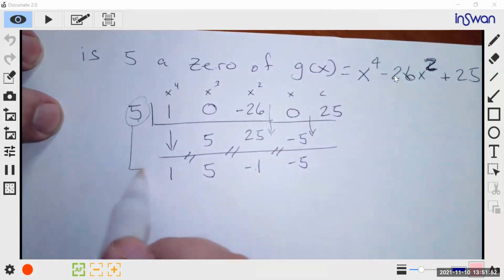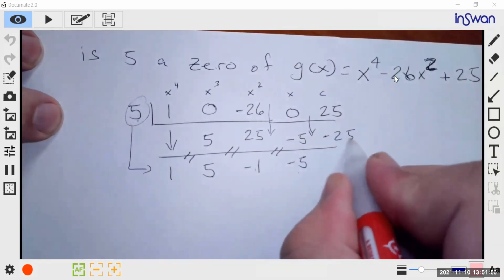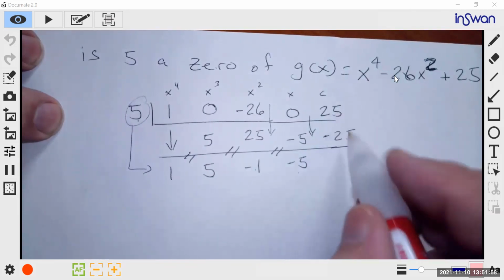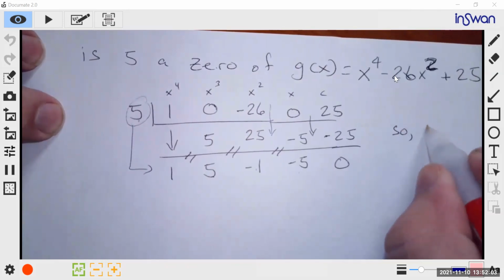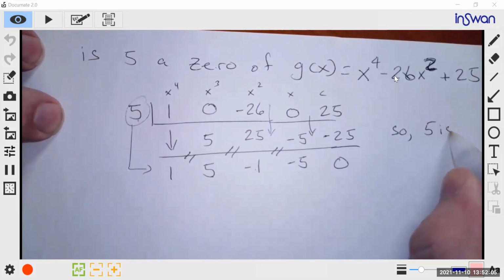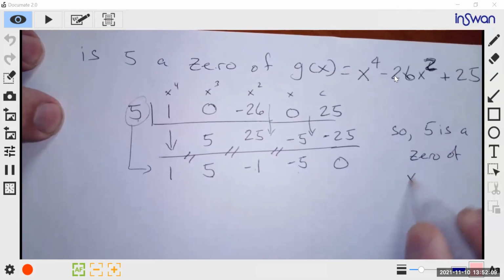Remember, all this one does is multiply by these numbers. So 5 times negative 5 is negative 25. 25 minus 25 is 0. So 5 is a 0 of x to the fourth minus 26x squared.